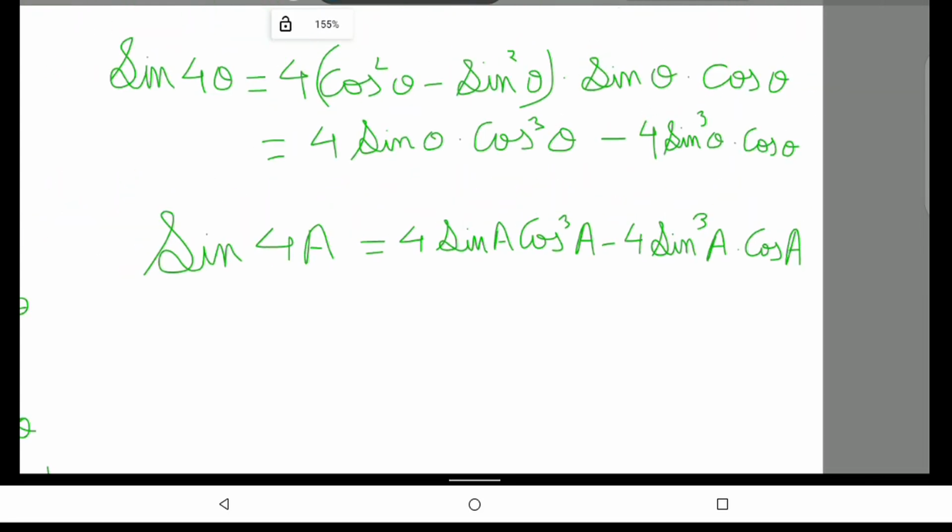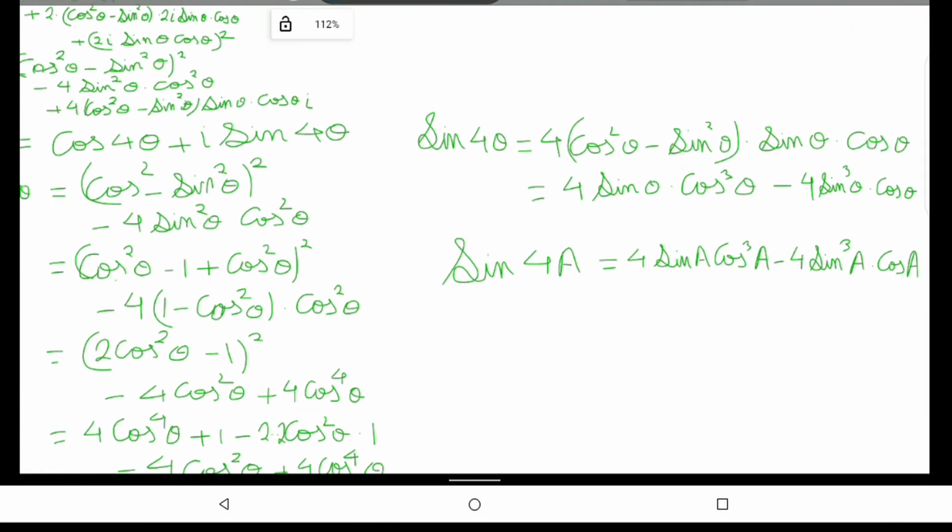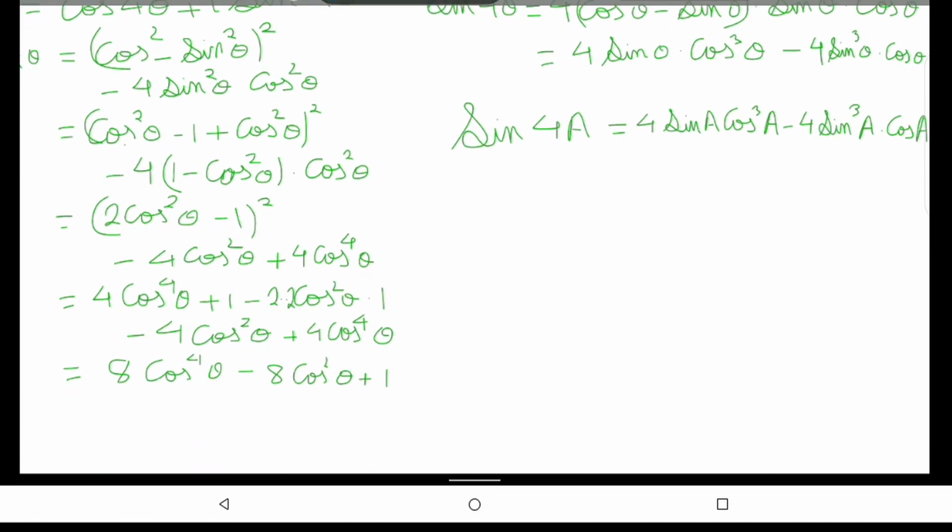Alright, so we have not just computed cos 4 theta, but we have also determined the formula for sine 4 theta or sine 4a as well.